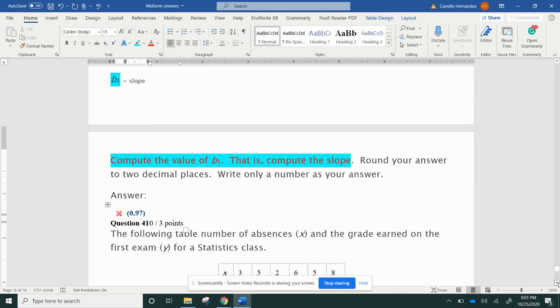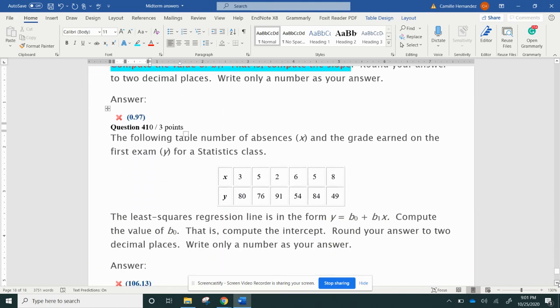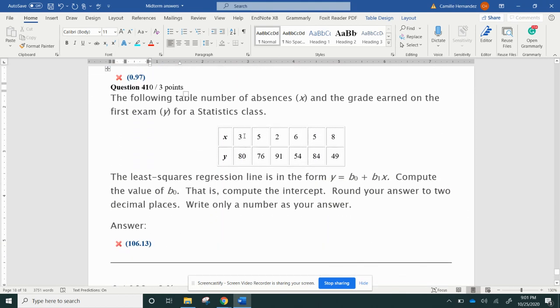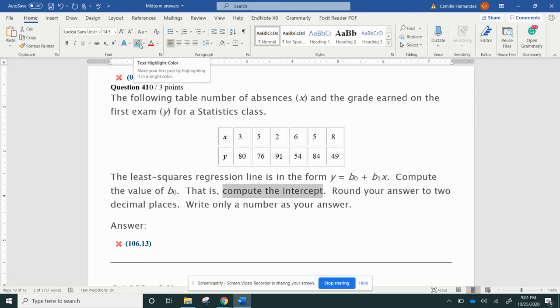All right, so let's go again. So now for number 41, it's looking at the number of absences and grades earned on the first exam. Okay, so again, it's looking at the least squares regression line, but now it wants to find the intercept. Okay, remember I did this as yellow, and I'm going to do this again as yellow, and I'm looking for this right here.